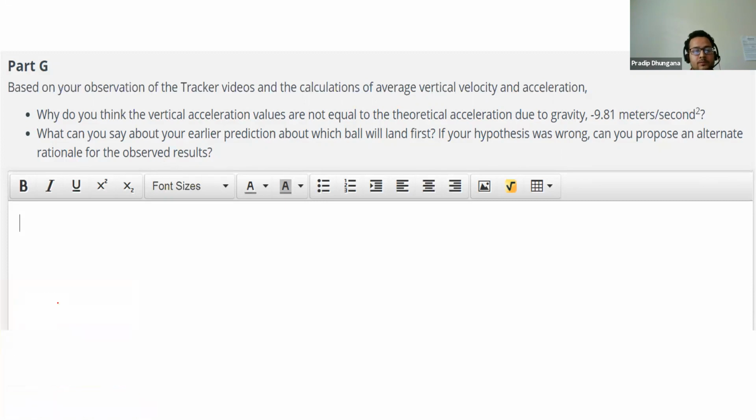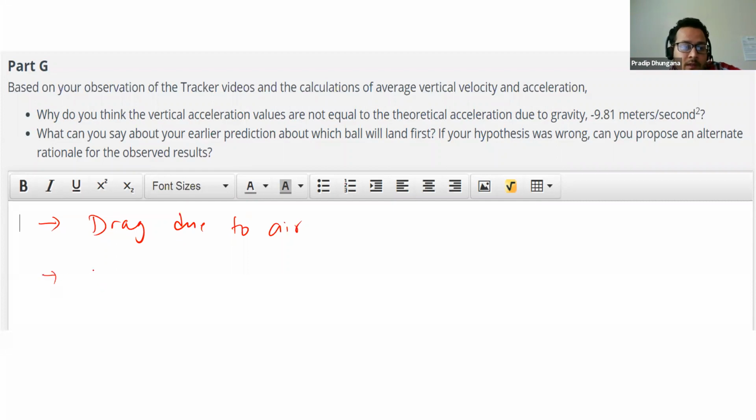To answer those parts, you can think about drag or air friction. Due to the air friction, the vertical acceleration values are not equal to the theoretical acceleration due to gravity. So you can explain the concept of drag due to air, and how this drag makes the difference whenever we calculate vertical acceleration.